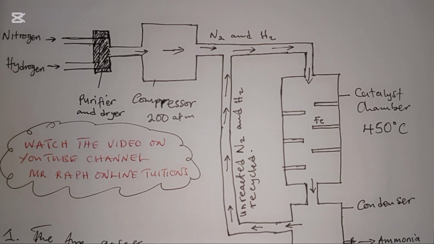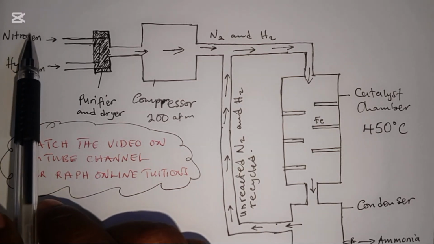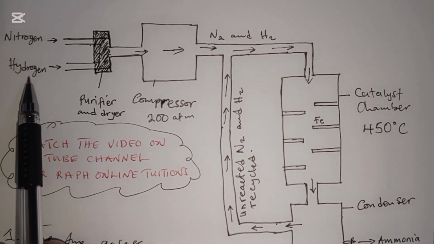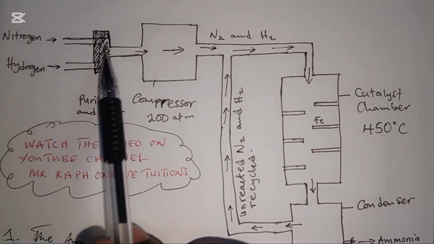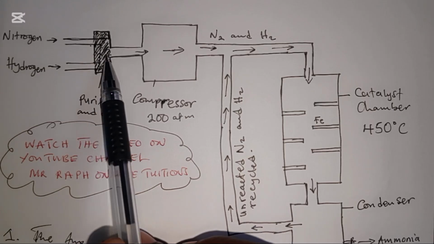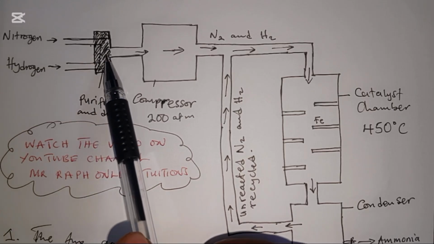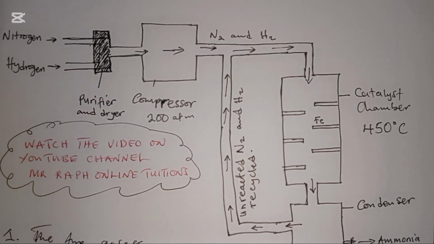This is the diagram, a plant for the preparation of ammonia using the Haber process. This is nitrogen, this is hydrogen. When nitrogen and hydrogen enter this part, they are purified and dried.